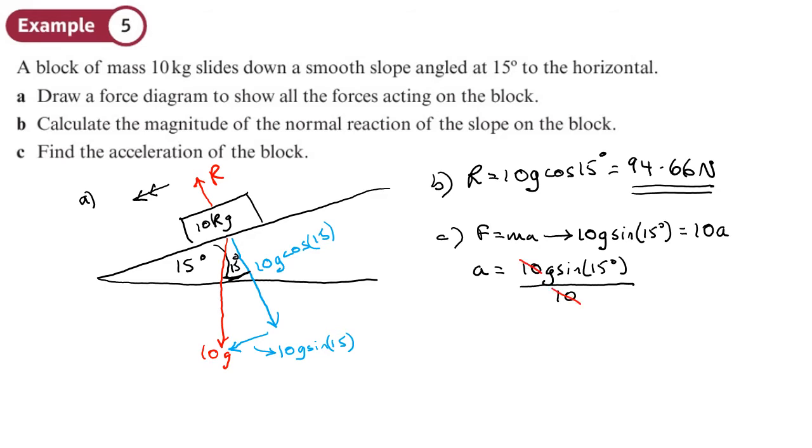There's no point multiplying by 10 and dividing by 10. Just do 9.8 times sine 15. And I get 2.54 if I round. So a equals 2.54 meters per second squared. So there's my answer for the acceleration.